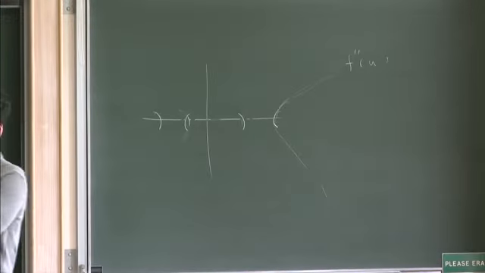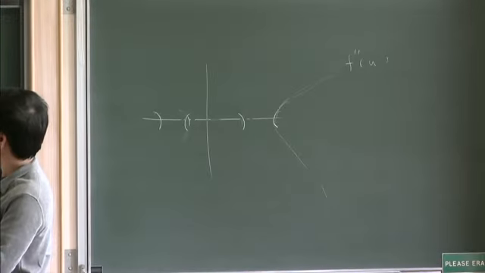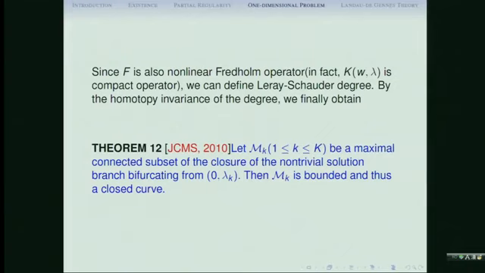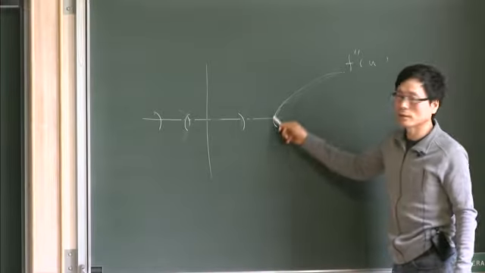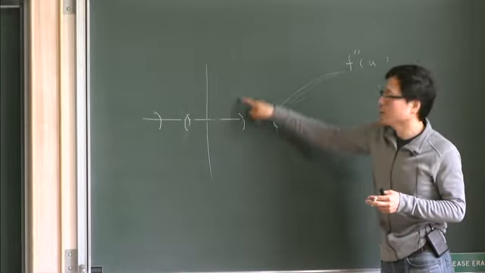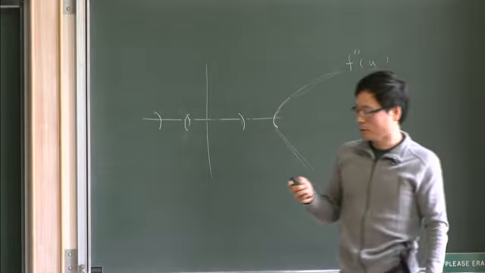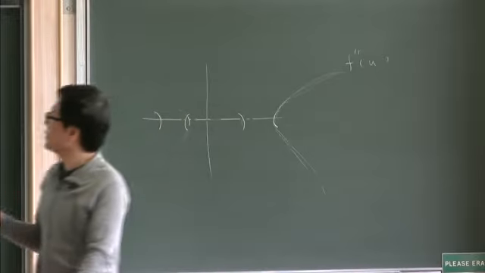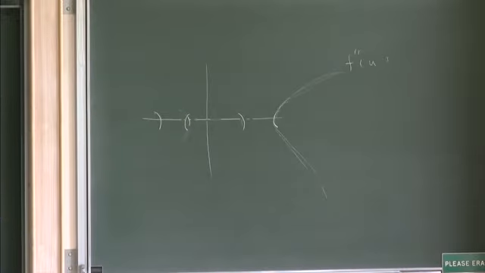Using those arguments, you can obtain the bifurcation point for this. And I proved that for each point I can have a bifurcation curve. If it is bounded, then it meets another bifurcation point. So finally I'll just give you a picture of this.